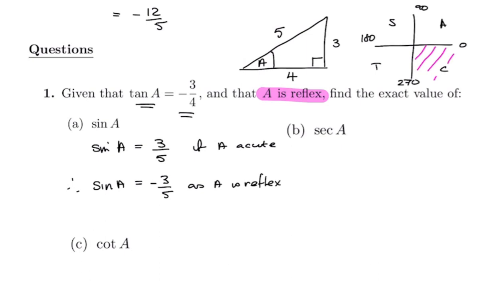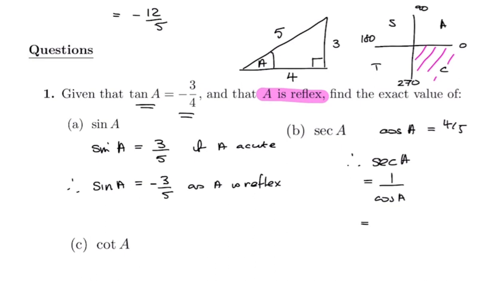Okay, sec A. We know that cos A equals 4/5. Therefore, sec A, remember, because sec A equals 1 over cos A, which equals 1 over 4/5, which equals 5/4.